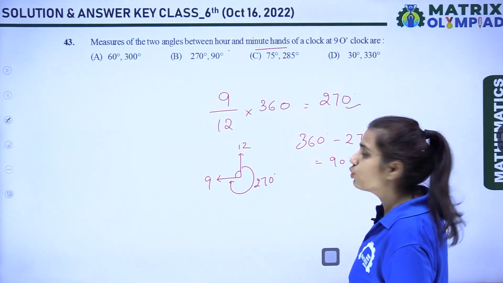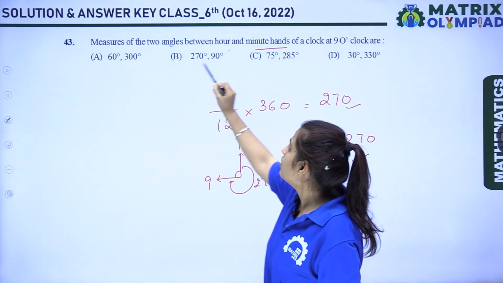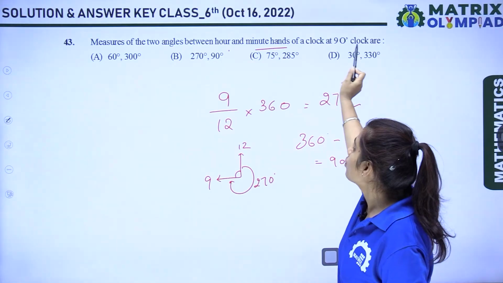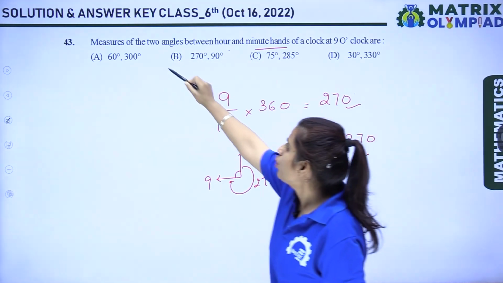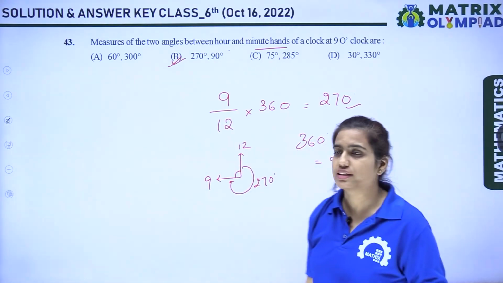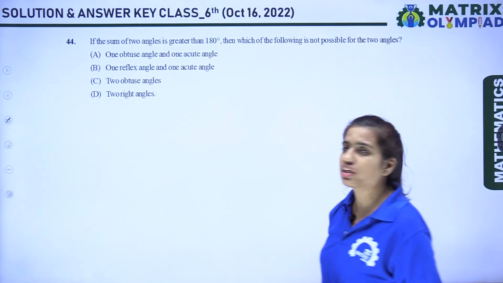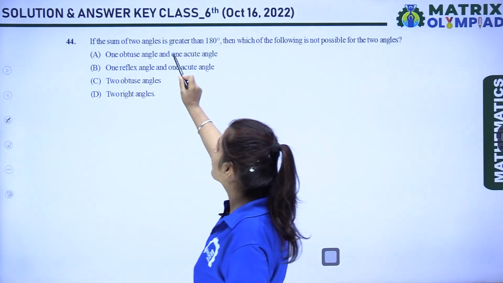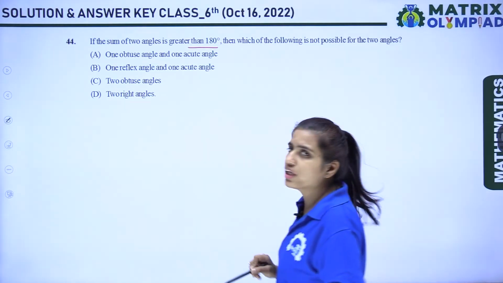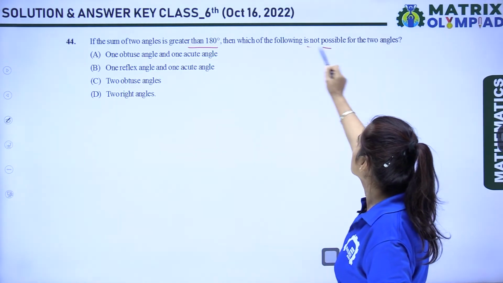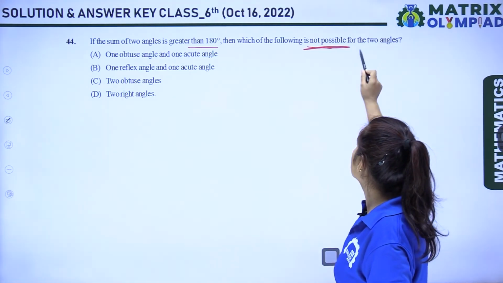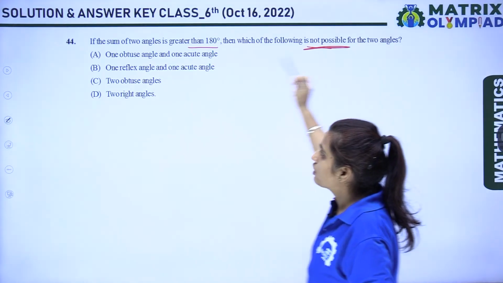So these are the two angles at 9 o'clock which are made by the hour hand and minute hand. So option B is the correct answer. Let's move on to the next question. If the sum of two angles is greater than 180 degrees, then which of the following is not possible? We have to find the not possible term for the two angles.